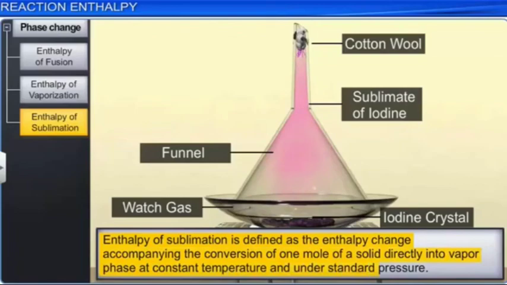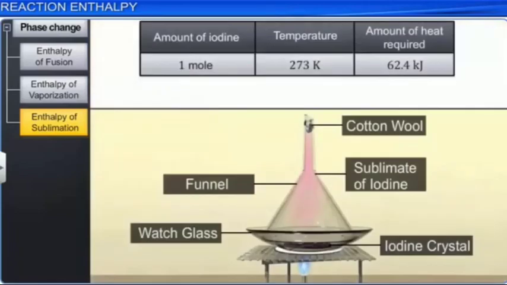For example, the amount of heat required to sublime 1 mole of iodine is 62.4 kilojoules. Thus, we can say that the molar enthalpy of sublimation of iodine is plus 62.4 kilojoules per mole.